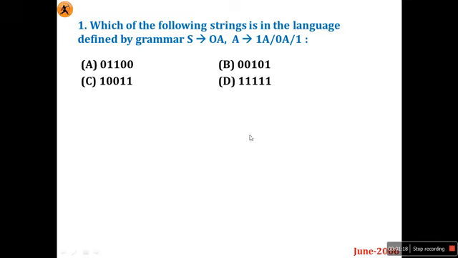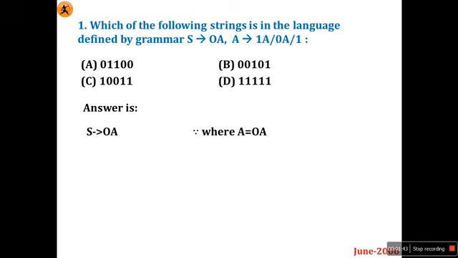So I hope you know the basics of finite automata and theory of computation. Actually the given problem is which of the following strings is in the language defined by the given grammar. Find which of these three outputs is satisfied by this language. To solve this type of question, just start with the initial symbol.